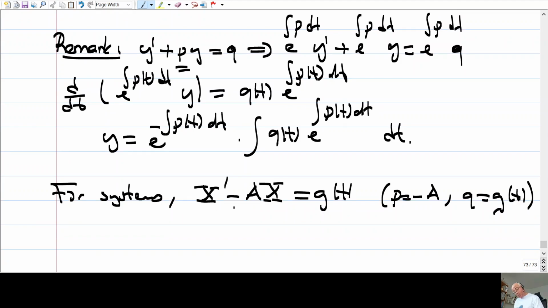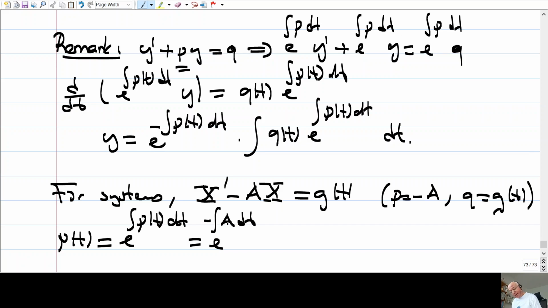If I do the same thing, my integrating factor will be what? E to the power integral of p(t) dt. So it is just e to the power minus integral of A dt. A is a constant matrix, so its integral will be just t times A. So this is e to the power minus tA. So this is my integrating factor.